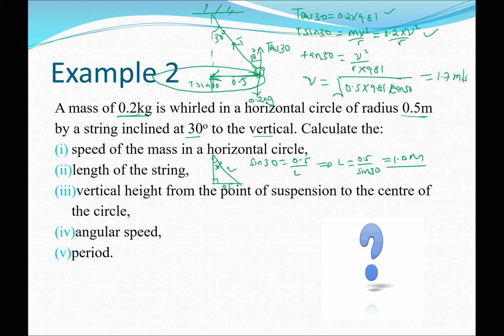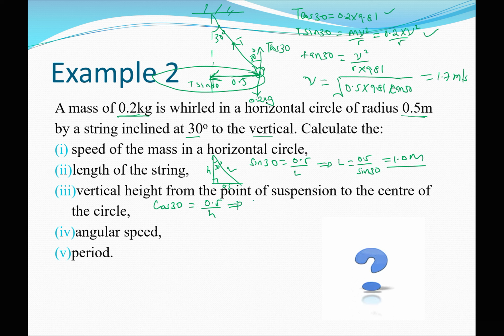Then the vertical height. We want to find the vertical height, h. This is h. That is still trigonometry. The vertical height from the point of suspension to the center of the circle. So you can still use trigonometry, maybe opposite, adjacent, that is cos. So I would say cos of 30 equals the opposite, which is 0.5, over the adjacent, which is h.